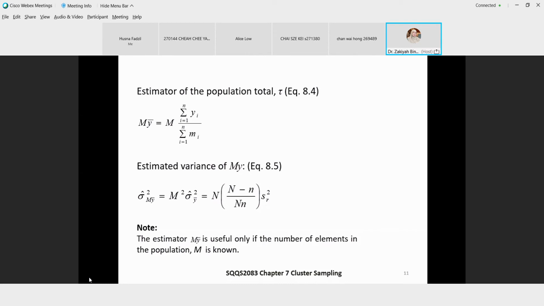The estimated variance of capital M y bar, which is the population total, in this case is given by this expression, also very similar, isn't it? And the estimated M y bar, note, is useful only if the number of elements, the big M, is unknown.